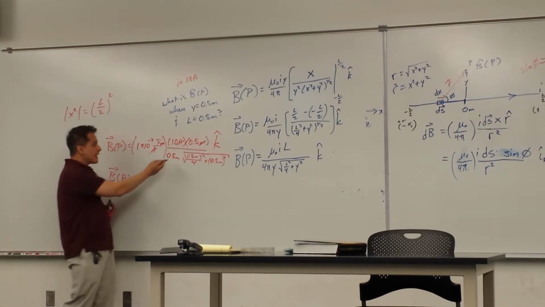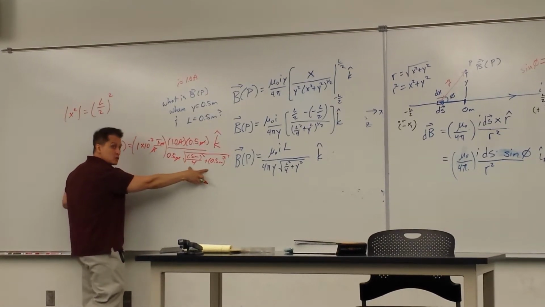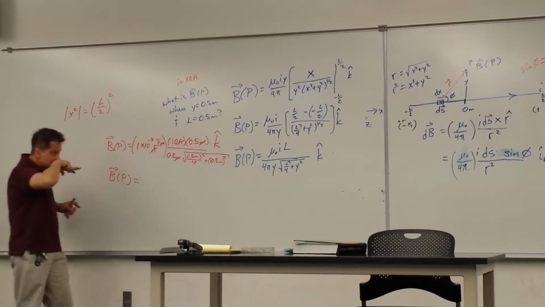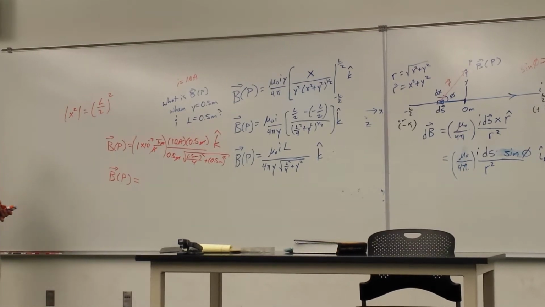It's Tesla per meter, so that would get rid of that one, and this would get rid of this one. So that's consistent now. Oh, I see. Yeah, so it has to be. When in doubt, write it out, right?